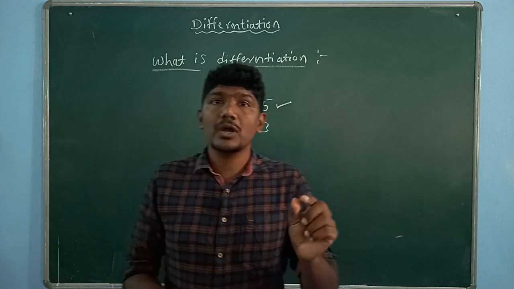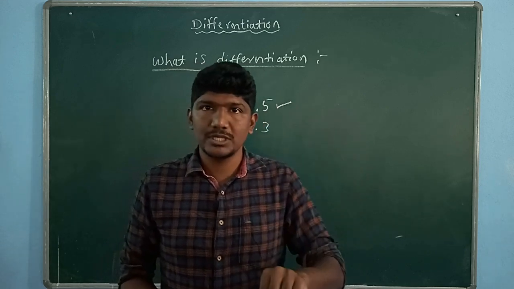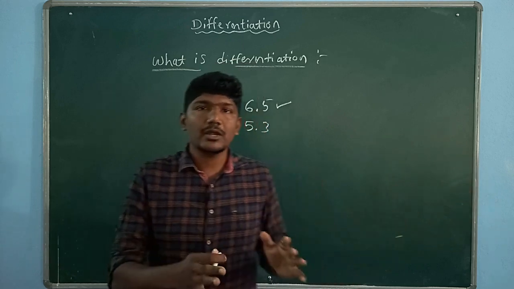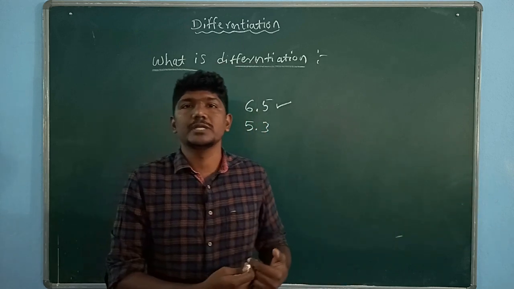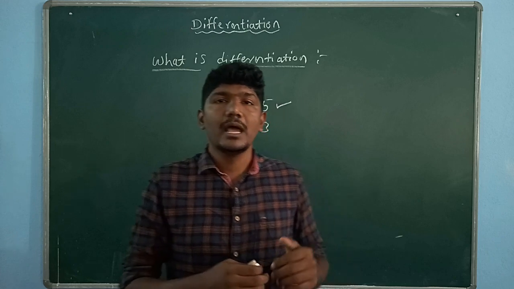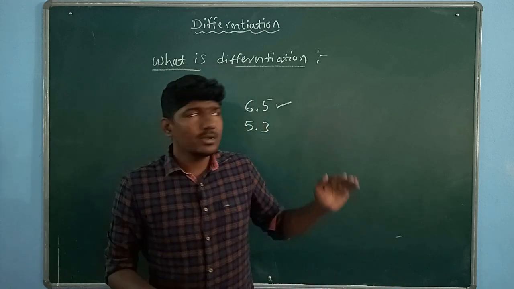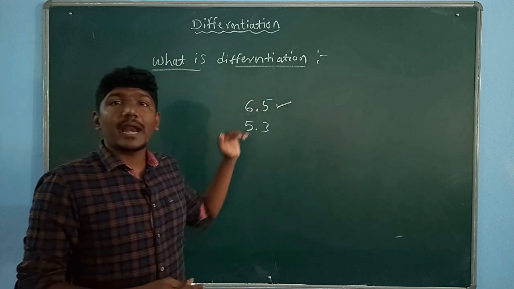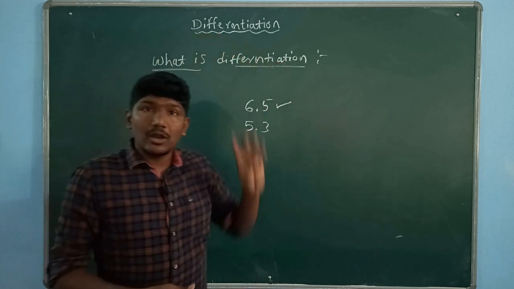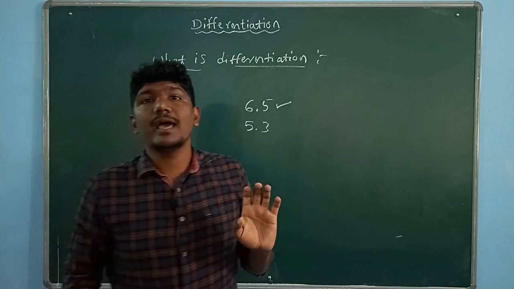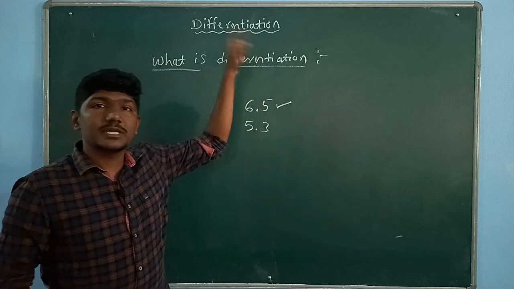So velocity is the rate of change of position with respect to time. Already we know these definitions. And rate of change of velocity is acceleration. Today we will try to find velocity and acceleration values using differentiation.